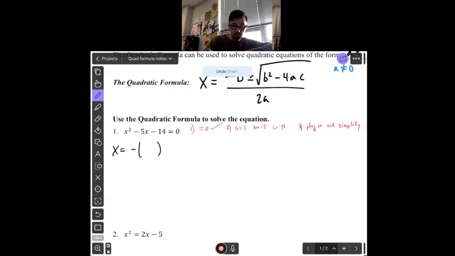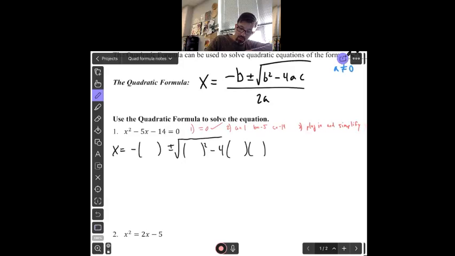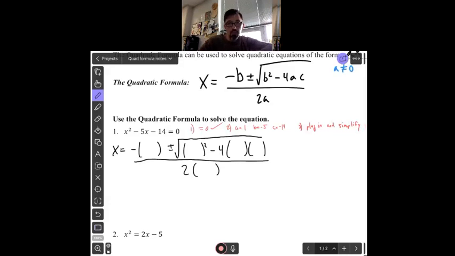So negative something, plus or minus, square root, radical sign, but I'm not going to close it yet. And then something squared minus 4 times something times something. And then I bring my radical over, draw a big fraction bar, make sure it's under everything, and then 2 times something on the bottom.